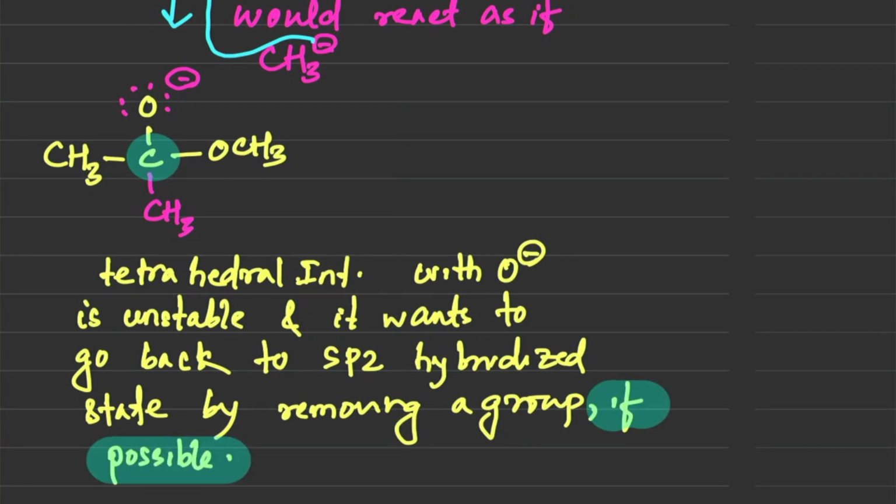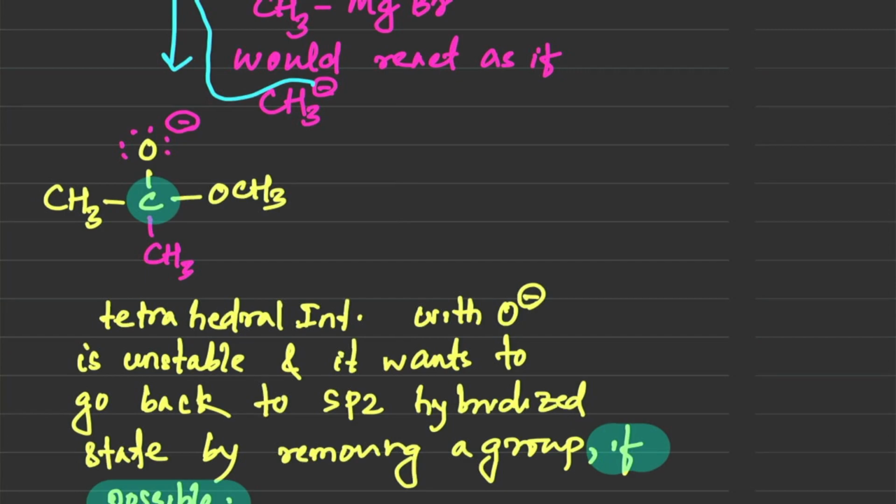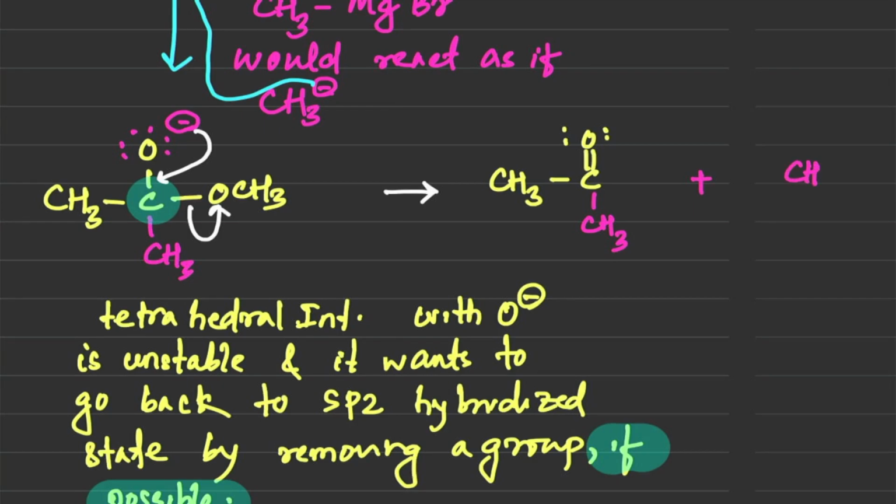So what does this mean? What I was trying to say here is that it wants to go back by removing a group. I will explain why I have chosen this one. So you will make CH3CO, now you're back to sp2, and CH3, plus CH3O minus.